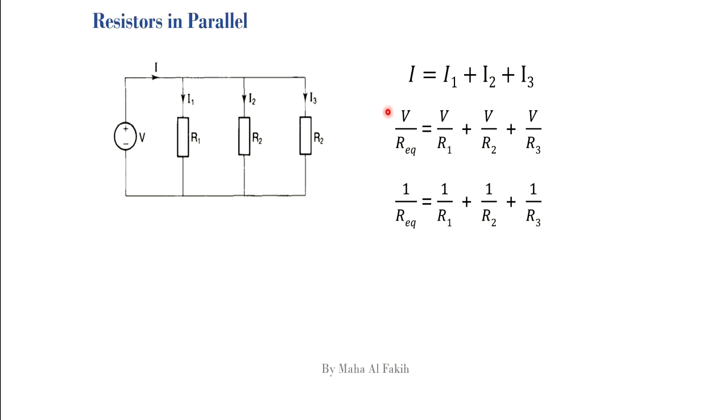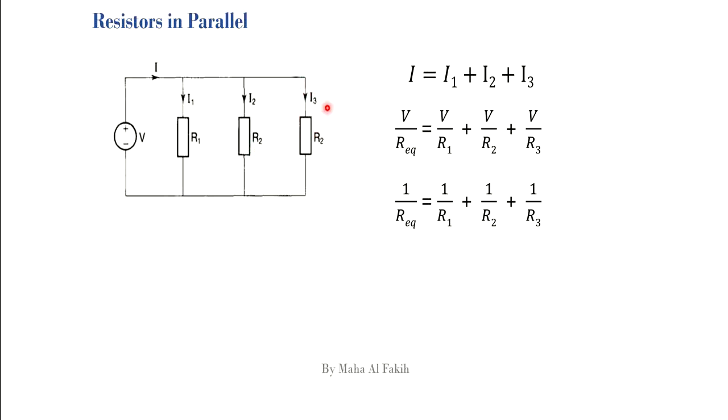Now before talking about this equation, let's talk about an equivalent resistor for R1 and R2 and R3. An equivalent resistor will have to have the same current that passes through these three resistors together when the same voltage is applied. So when voltage V is applied, the current that passes through these three resistors together cannot be equal, for example, to I1, since I1 is the current that passes through R1, and cannot be I2, since I2 passes through R2 alone.